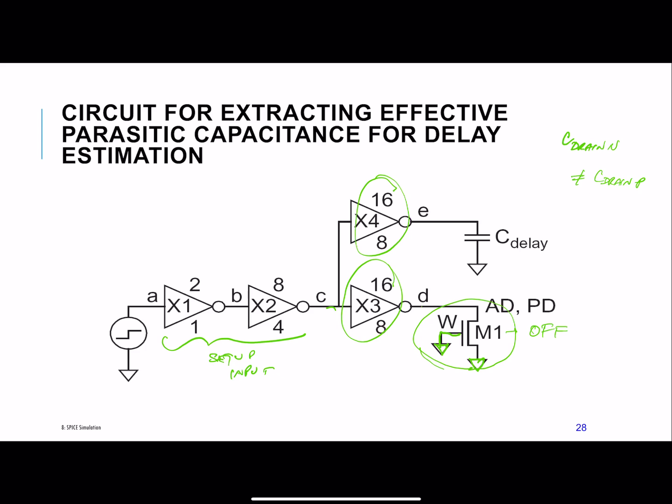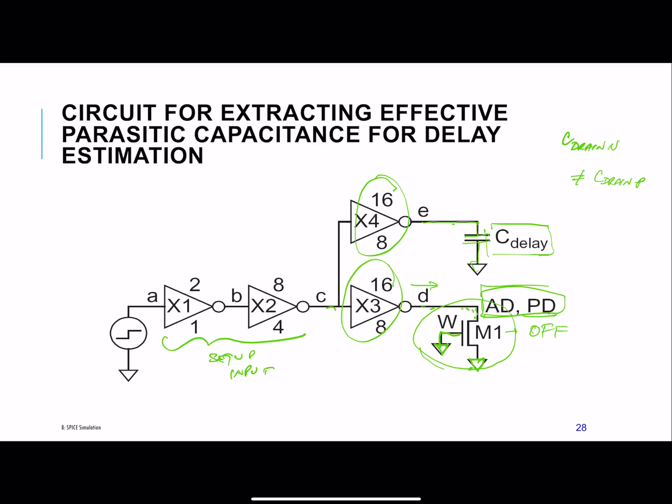All it sees is the drain capacitance, the drain area and perimeter of the drain. So if you have this ideal capacitance in the second branch and you vary it until E exactly overlaps with D, this C delay tells you the capacitance sitting on the node here.